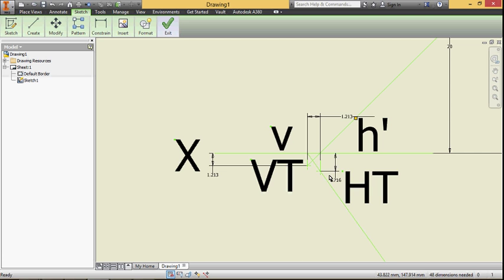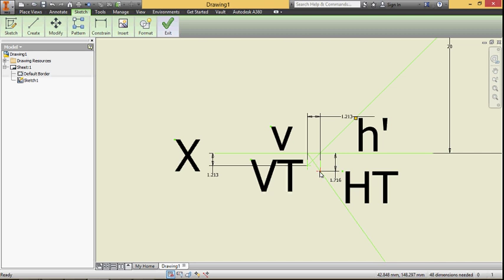The horizontal trace is 1.716 millimeter below the reference line, below the XY line. The vertical trace is 1.213 millimeter below the reference line.